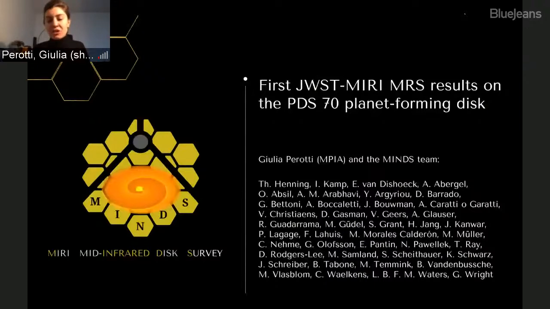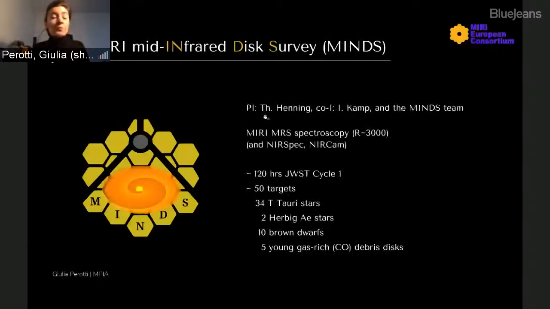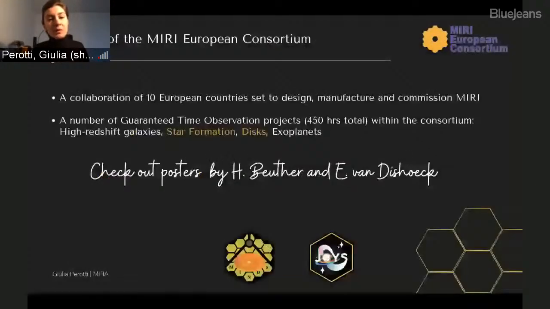This is a GTO program led by Thomas Henning that has been using the MIRI instrument, the medium resolution spectroscopy mode, and will be using this instrument, but not only, also NIRSpec and NIRCam, to observe 50 disks around T Tauri stars, 2 disks around more massive stars, 10 faint disks around brown dwarfs, and 5 young gas-rich debris disks. The GTO program is part of the MIRI European Consortium, which is a collaboration of 10 European countries that were involved in designing, manufacturing, and commissioning MIRI.